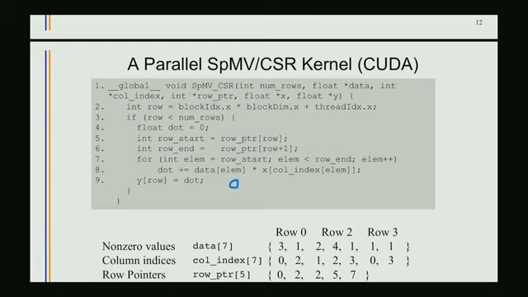So we're reading this 3 in the first iteration. And so this is 0. What is column index 0? Well, that's also a 0.